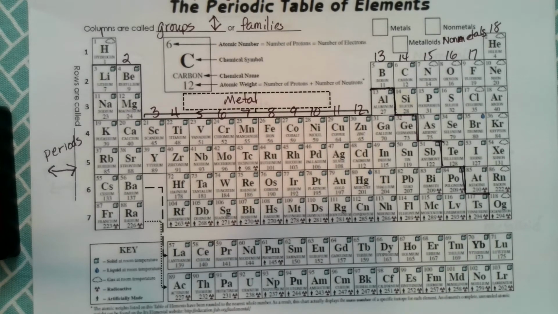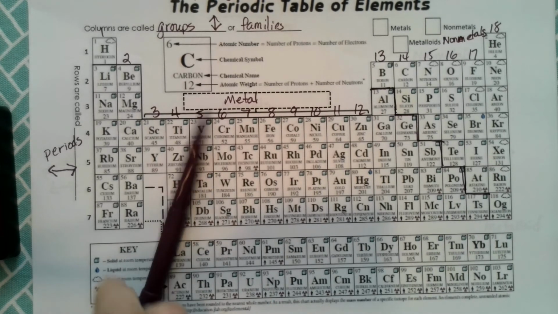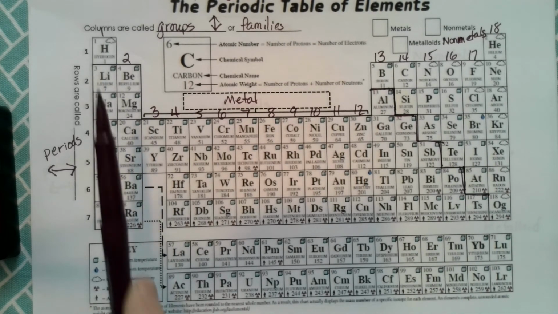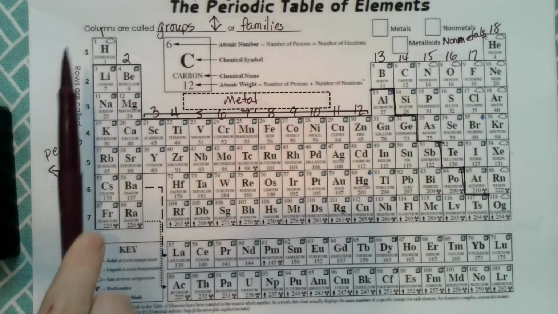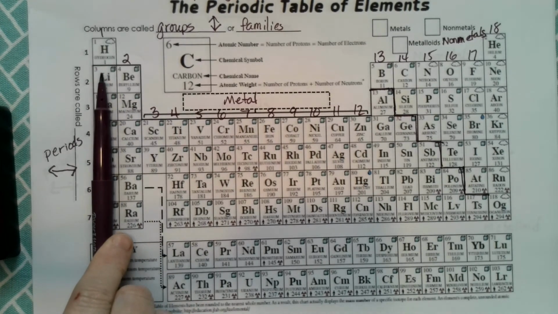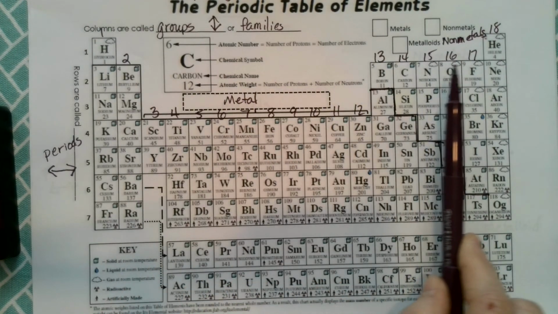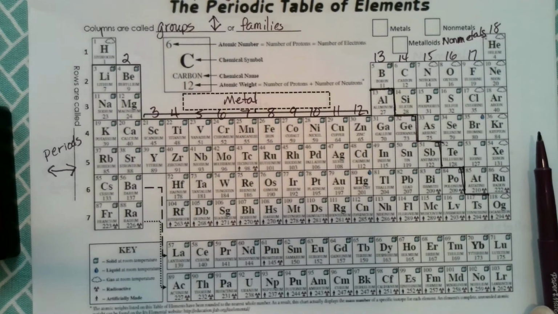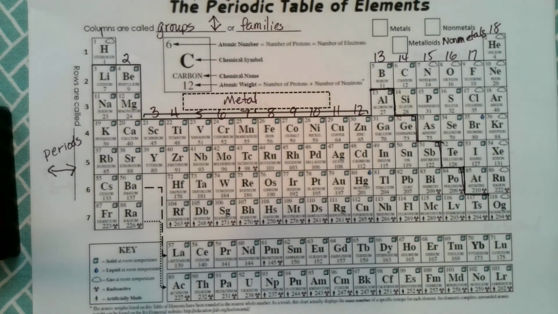As you move across the periodic chart from left to right, you also have properties that change. Over here, with the exception of hydrogen, this row is the most metallic, and it moves all the way over to where we have non-metals, which are the most non-metallic and the least metallic.